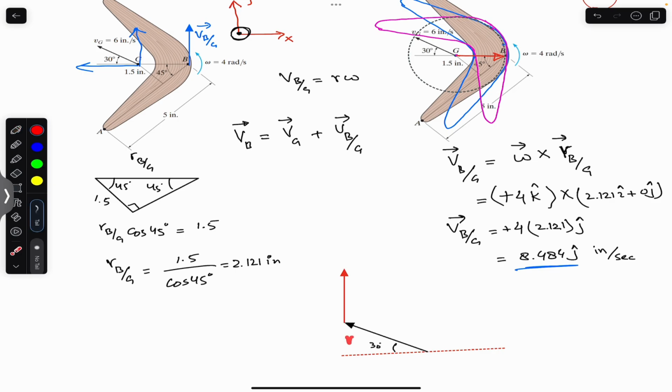This black vector is VG, and this is the velocity of B relative to G. So VG plus this will give us VB. So the resultant will be from the tail of this to the head of that vector.